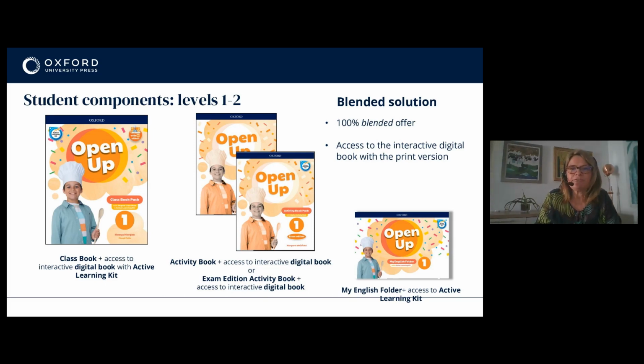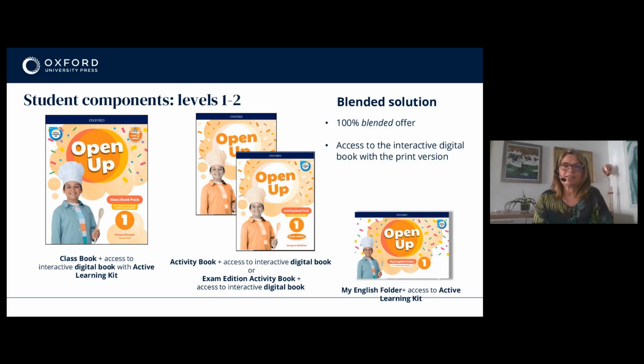So My English Folder follows the same lesson structure of Open Up, but it has fewer literacy lessons and it mostly has a communicative focus. The Open Up context, project, songs and stories form part of the method, and there's a resource style iPack for presentation, in addition to all the print classroom resources such as flashcards and posters. And this is available for levels 1 and 2.